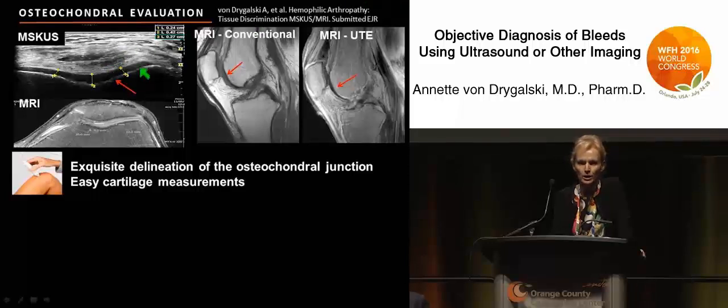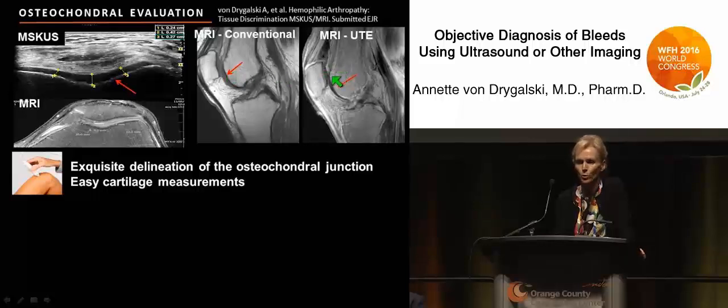And what you can see here in this patient with really early stages of arthropathy, looking into the femoral trochlea. So you can see the femoral outline here. And you can see that it's a little bit defective. And this is not picked up on usual conventional MRI, where this osteochondral line is just depicted as a normal black line, but it is picked up on so-called UTE sequences.